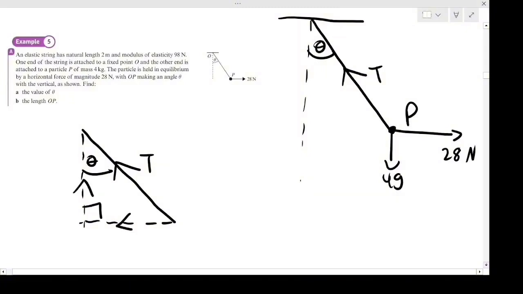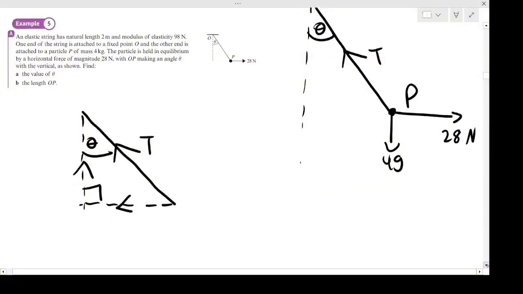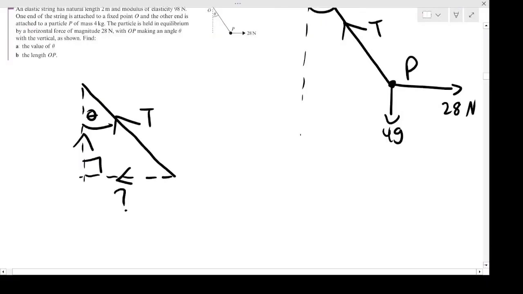So then if I use SOHCAHTOA, I can now deduce that this side is the opposite, so it's going to be T sine theta. Then for this side here, this is my adjacent, that's going to be T cos theta. So here what I've done now is split it up horizontally and vertically, right? So hopefully happy with that.